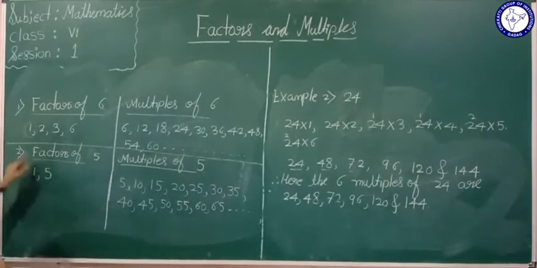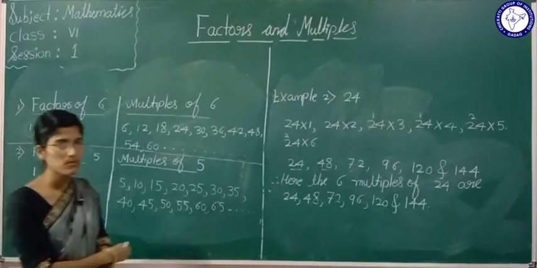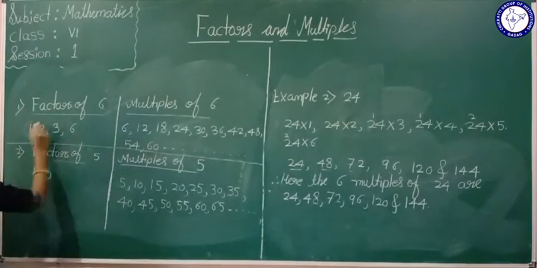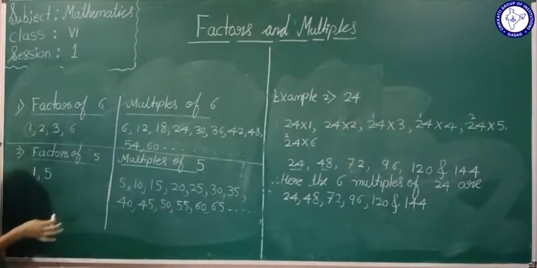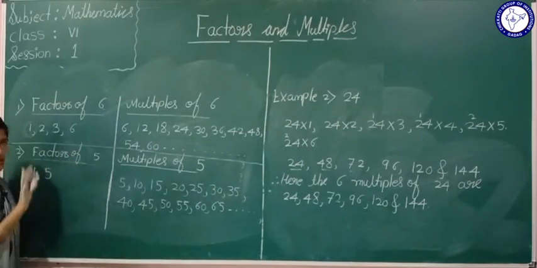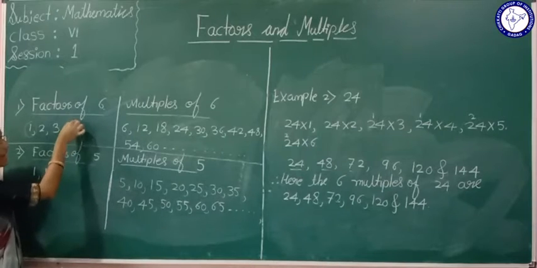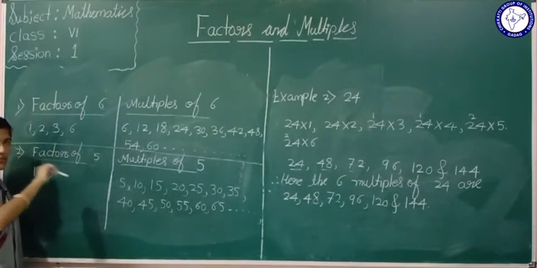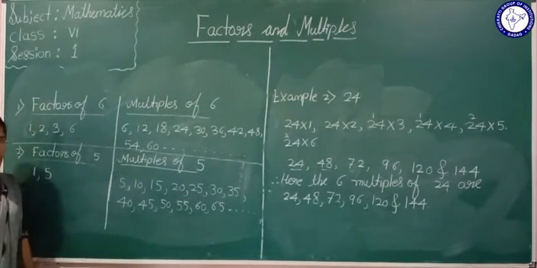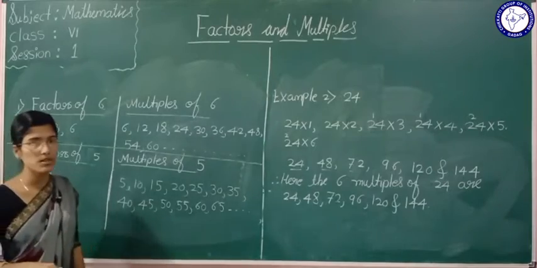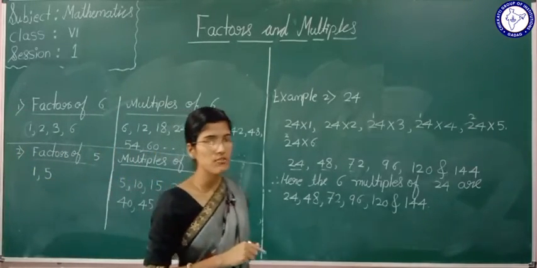Now see here, students, 1 is a factor of every number. You can take anything, 1 is a factor of every number, and that number is also a factor of itself. We can make a conclusion from here. Is 1 a factor of 100?